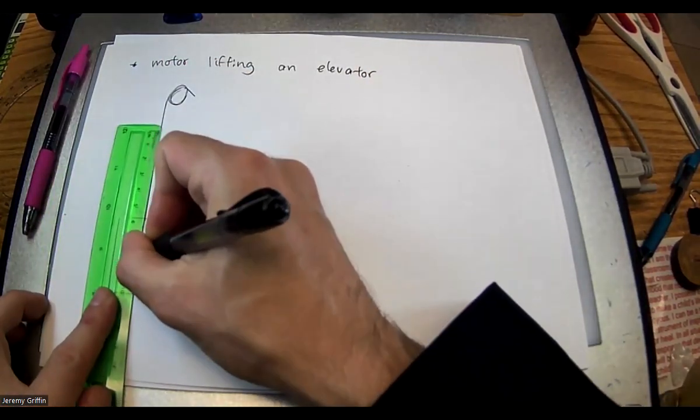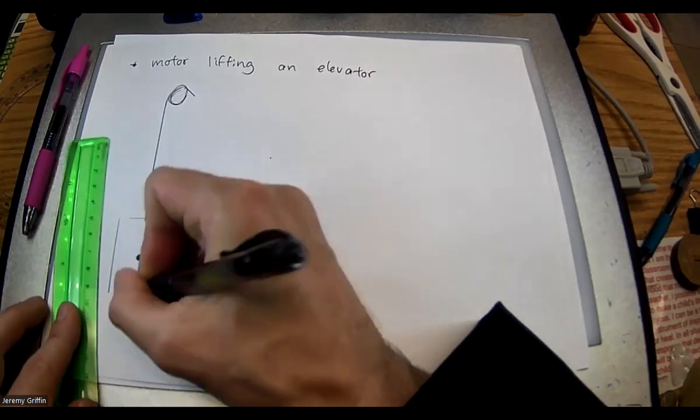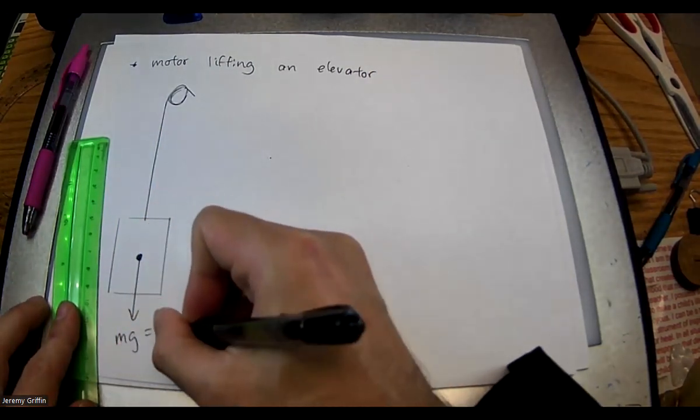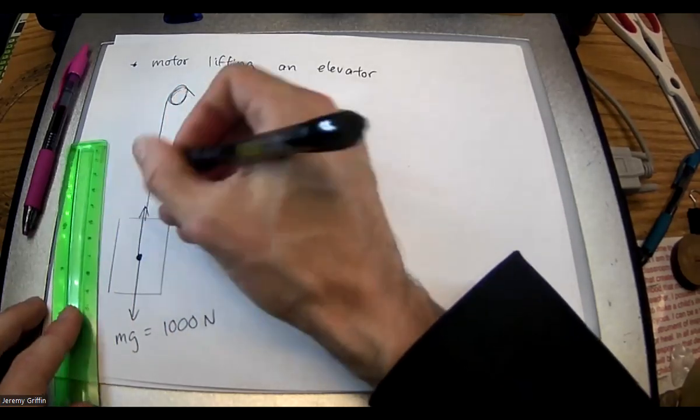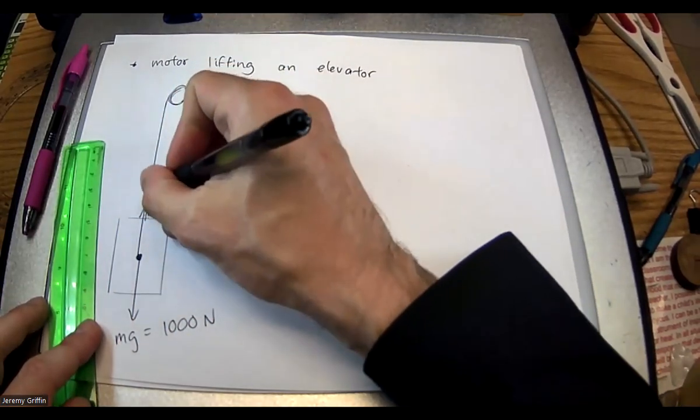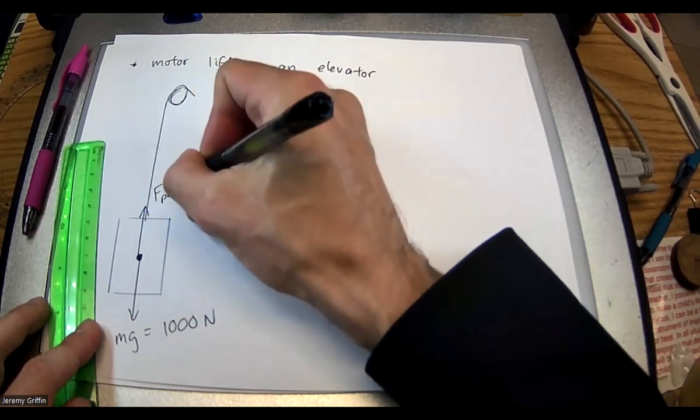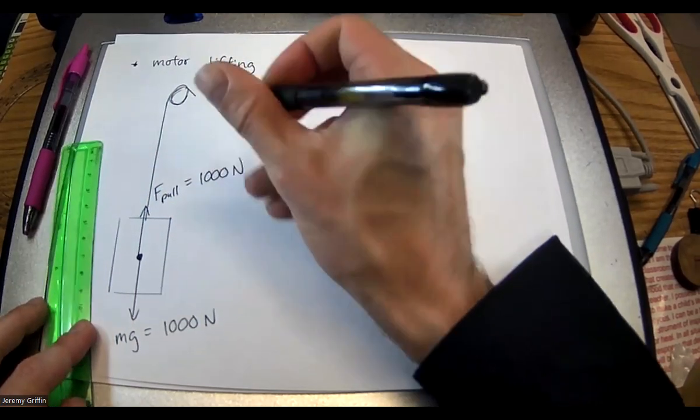This elevator has some weight. Let me give you a weight of, how about, 1,000 newtons? Nice, even 1,000 newtons. So if I'm pulling the elevator up at constant velocity, then I bet the pulling force is also 1,000 newtons.